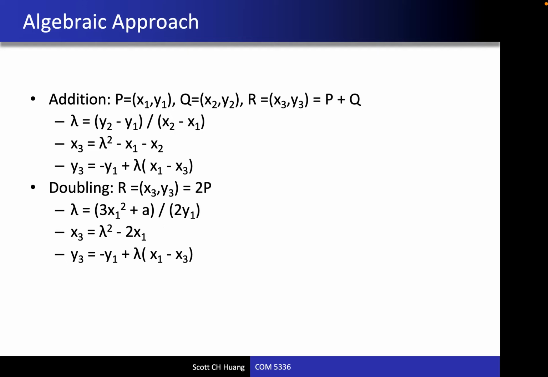Now, these points x1, y1, x2, y2, x3, y3, they're not real numbers anymore. For example, they're field elements. But we know that field elements are abstract, right?